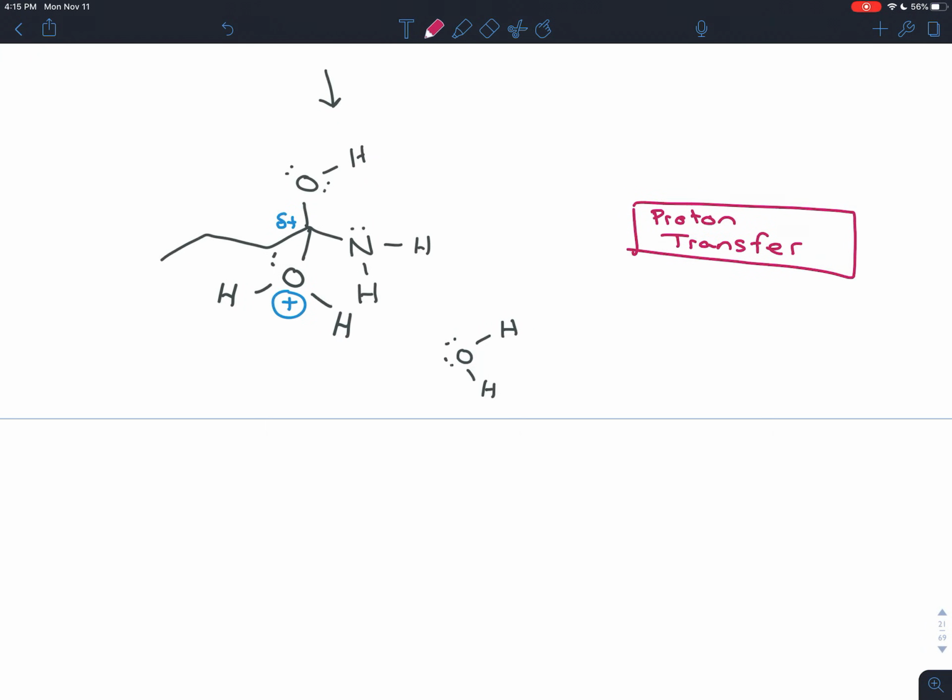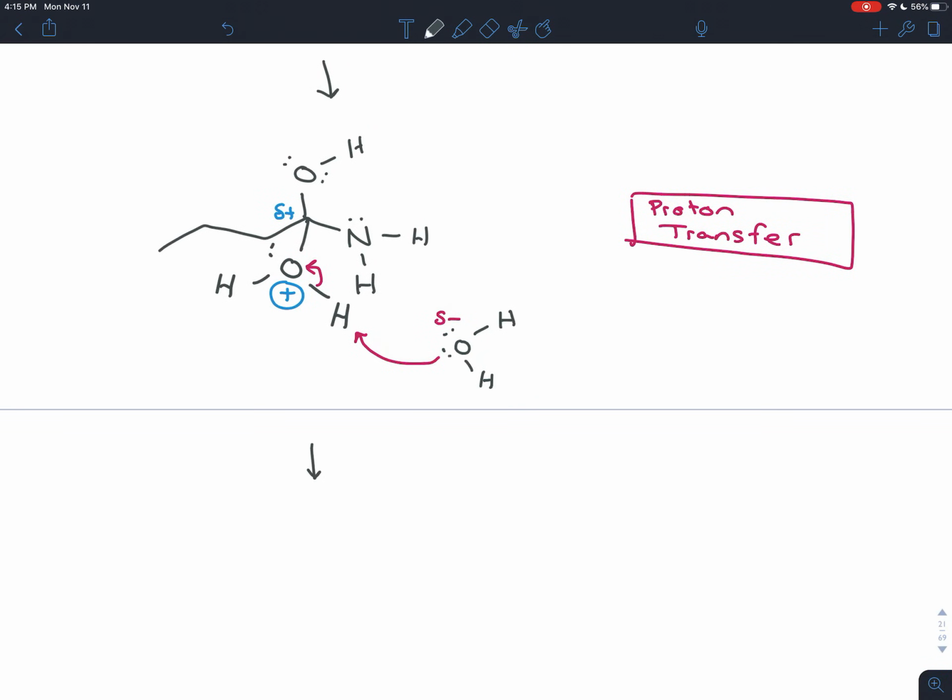Here we want to make this molecule more stable, so the slightly negative oxygen in water steals one of these slightly positive hydrogens. The electrons snap back onto the oxygen to help stabilize the positive charge there.